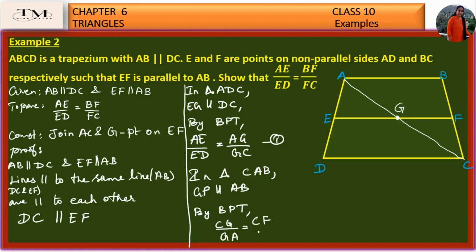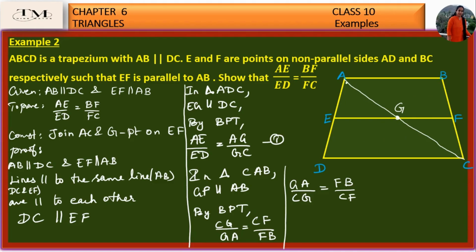Okay. So now we are going to invert on both sides. That is, we are going to interchange numerator and denominator. So what we get? GA by CG will be equal to FB by CF. Okay. So now I am going to write GA as AG.